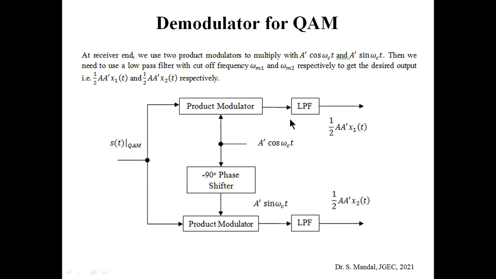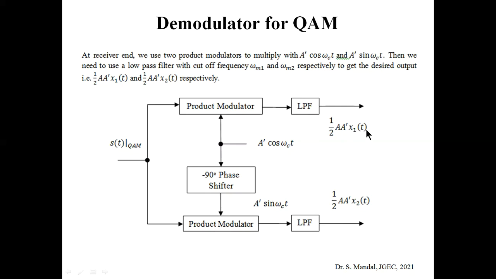If we multiply A' sin omega_c t with the QAM signal and pass it through the low pass filter, then the output of the second low pass filter will be half A A' x2(t), and the output of the first low pass filter will be half A A' x1(t).